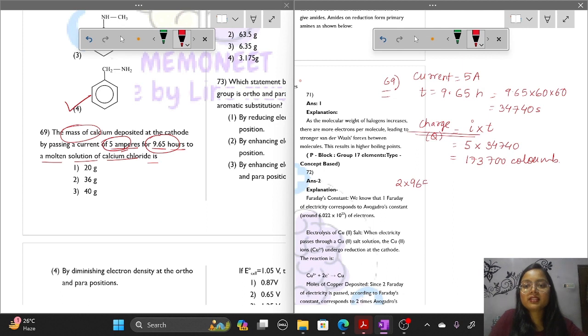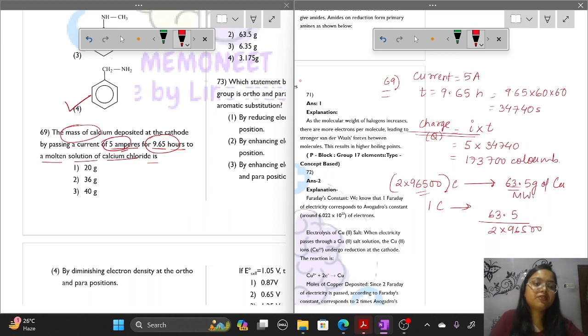2 into 96500 coulomb is required to deposit 63.5 gram of copper, which is the molecular weight of copper. So 1 coulomb will be required to deposit 63.5 divided by 2 into 96500.